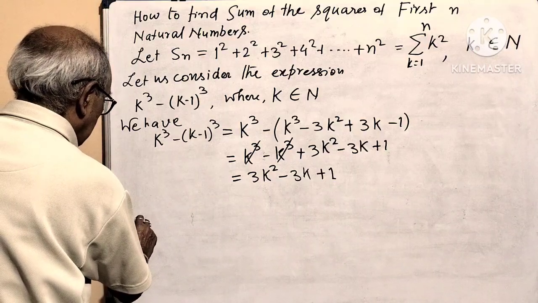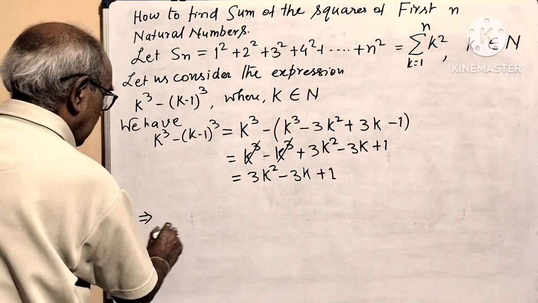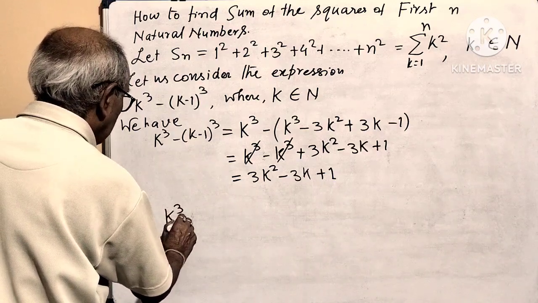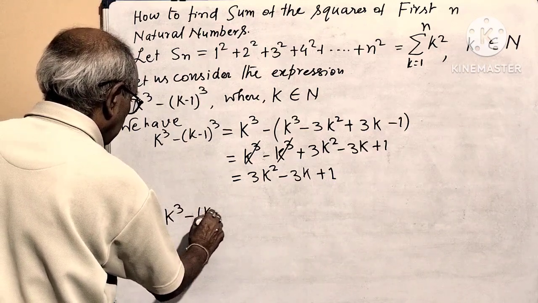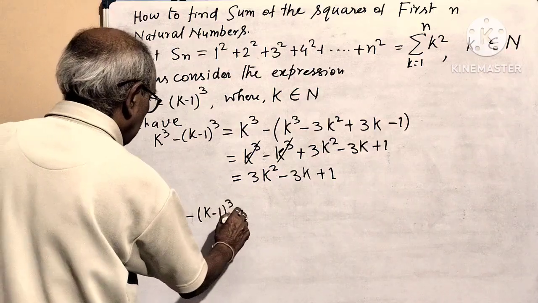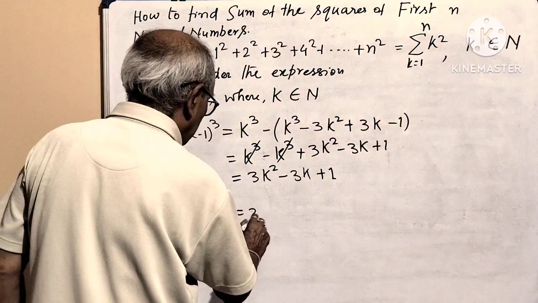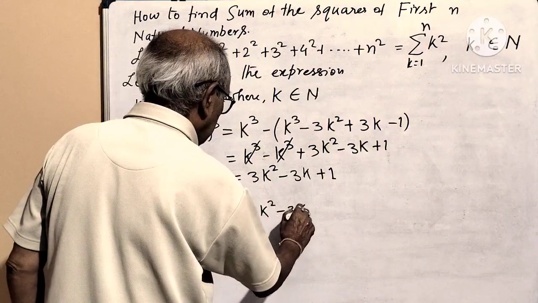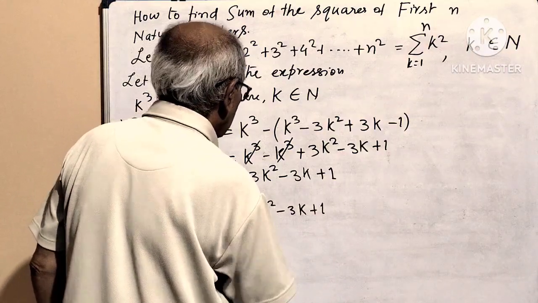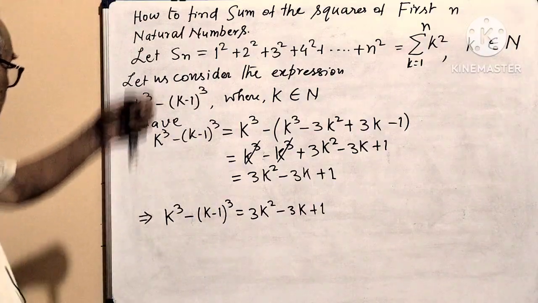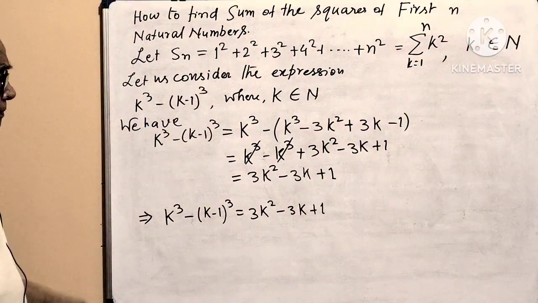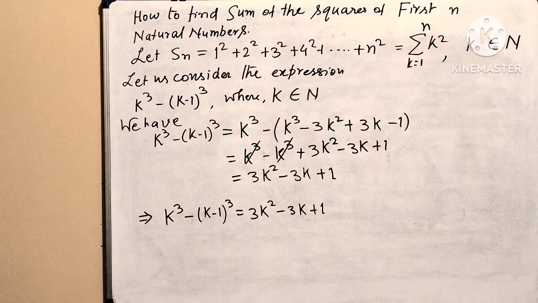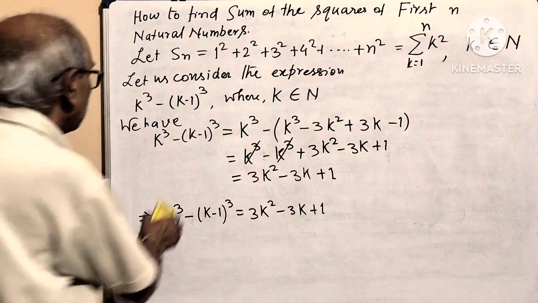This implies that k cube minus (k minus 1) cube equals 3k square minus 3k plus 1. So we got the identity.